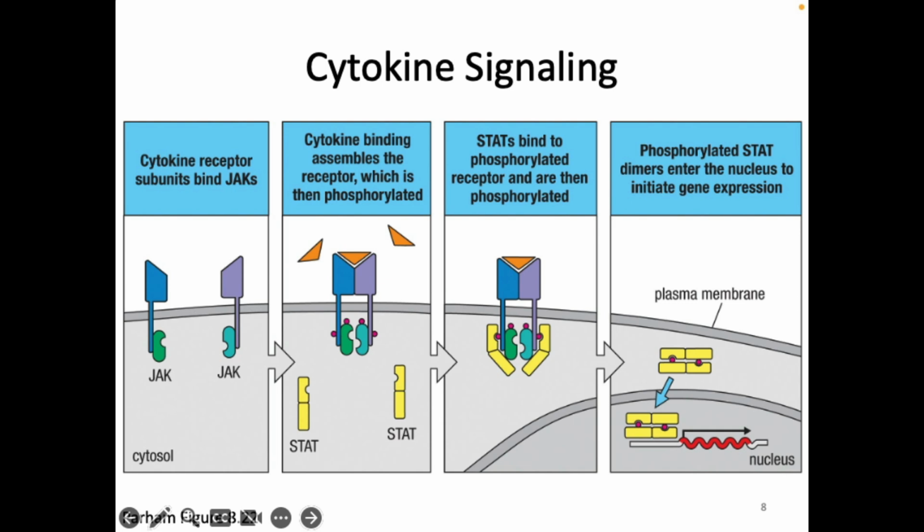So here you can see a cytokine receptor with 2 subunits, a blue one and a purple one. And what you can notice is that those cytokine receptor subunits interact with another protein. So they are closely associated with this other protein. And you can see this other protein's name is JAK.